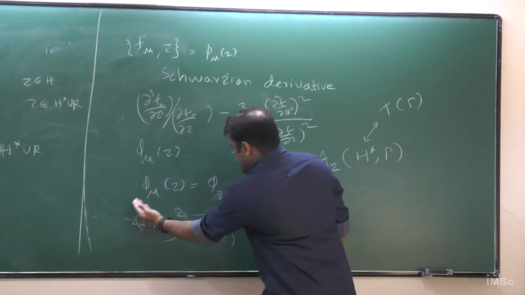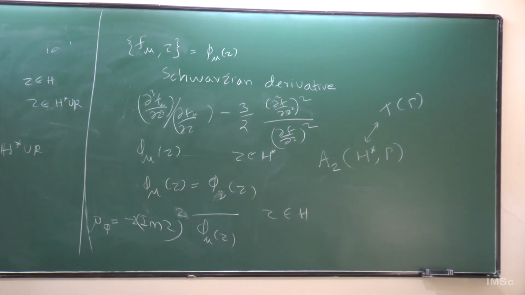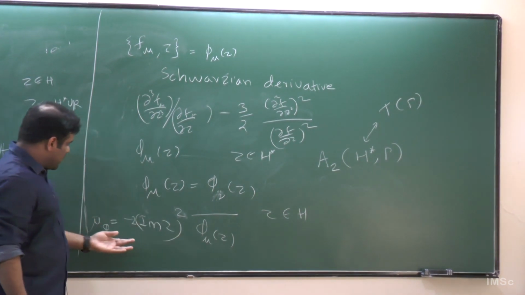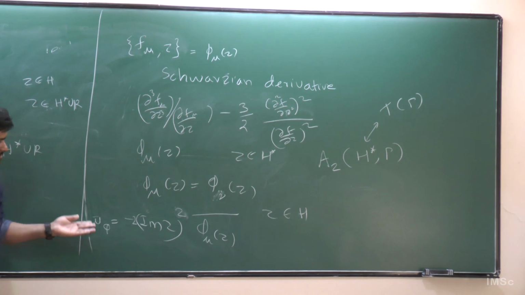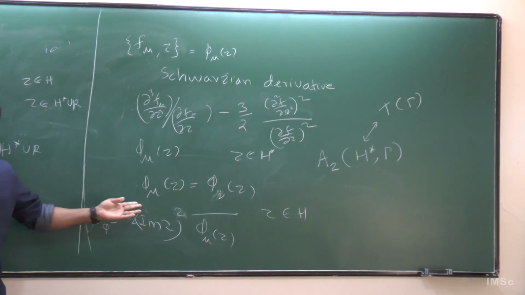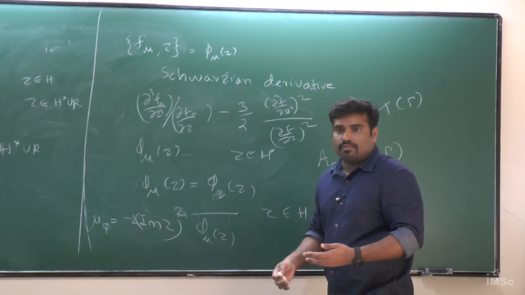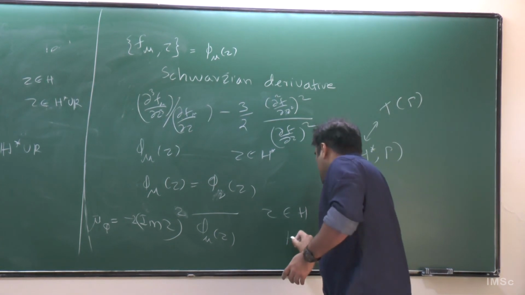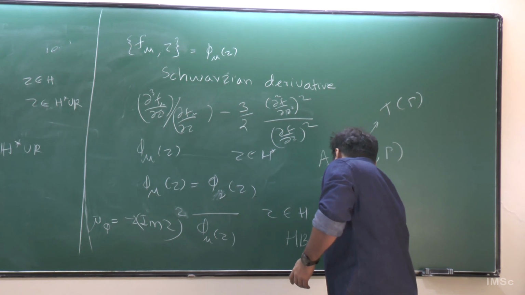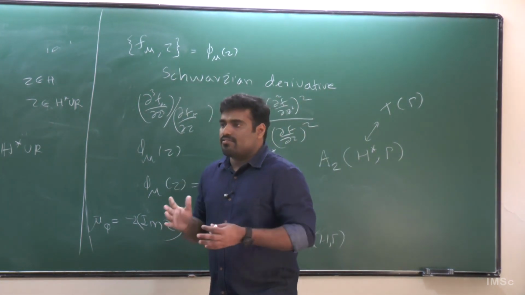So this object transforms as a Beltrami differential. This space of Beltrami differentials, with a specific form, is known as the space of harmonic Beltrami differentials. It is defined on the upper half plane, that means on the Riemann surface itself.